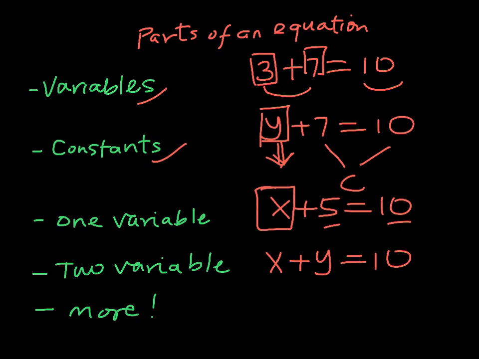One is x, the other is y. Sometimes in more advanced maths, you will find equations that contain more than two variables. But essentially, an equation can contain one or more variables.